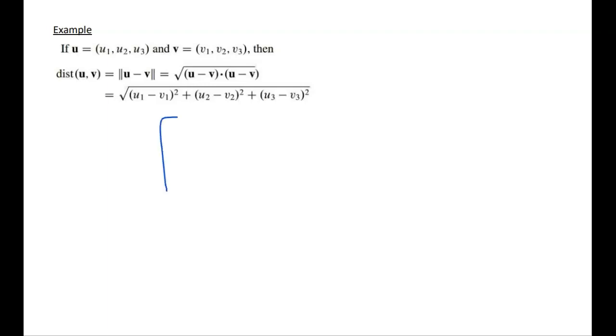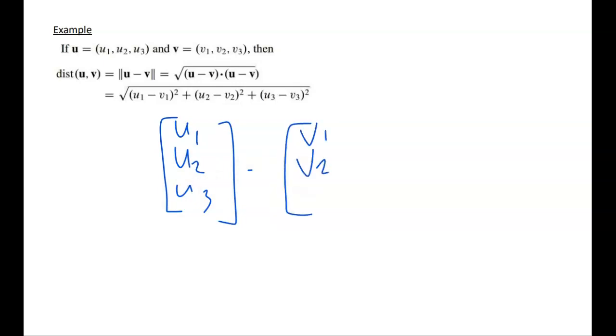And we would do that anyway, right? Like you would have u1, u2, u3, you would subtract out v1, v2, v3, and then you would need to take those differences that you find in that vector and then plug them into the formula. So that's how you expand this into 3 space or beyond.